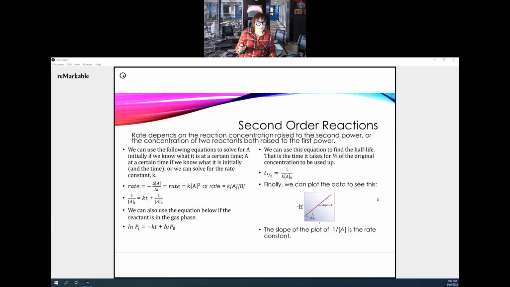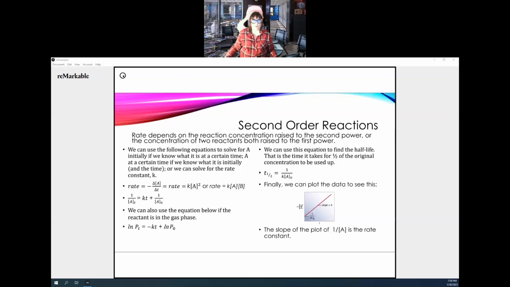Same kind of deal that we talked about before. Here, my t1/2 is 1 over k times the concentration of A at time 0. And finally, we can plot this. Because we're looking at 1 over the concentration, the plot of that versus time is going to be linear.